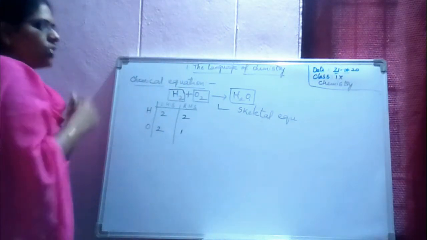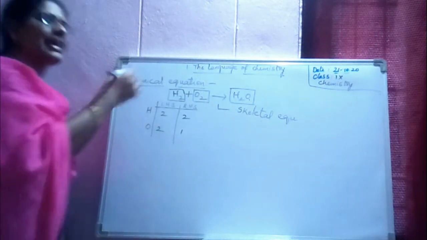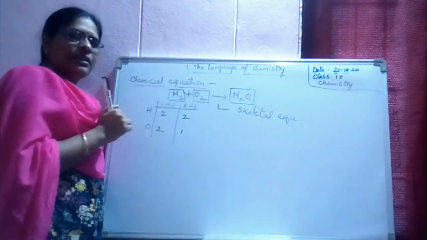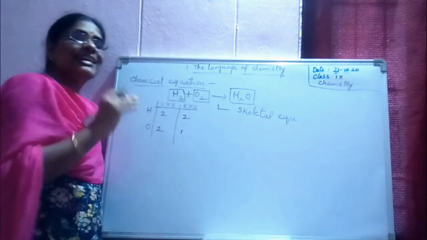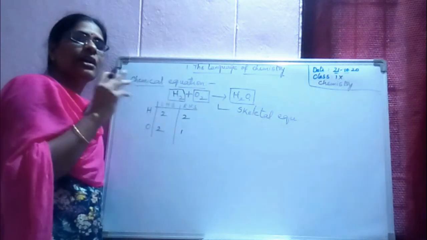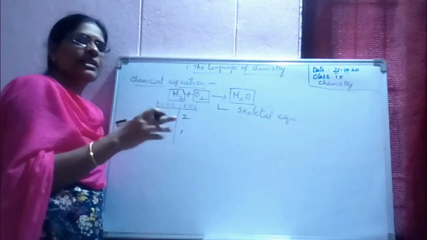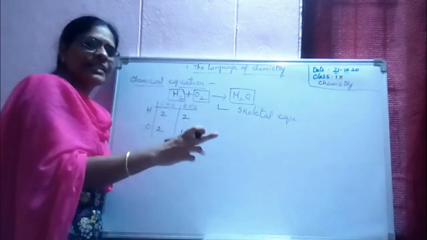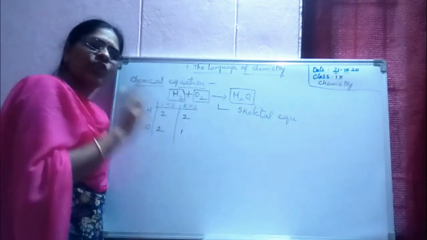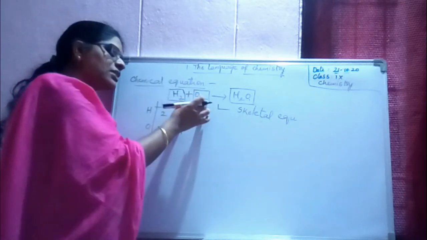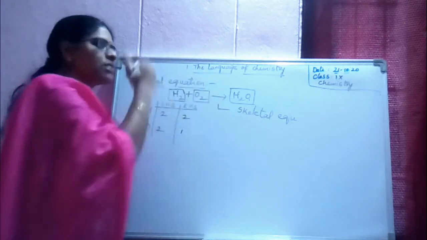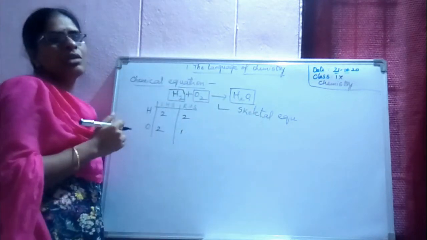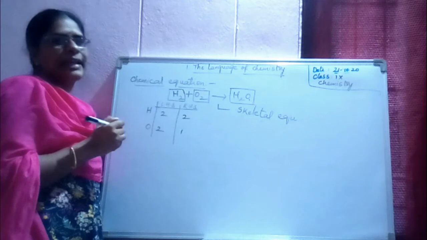Okay? Now, how to balance this? For balancing, we are conserving mass. The law of conservation of mass is followed here. Mass of the elements before the reaction must be equal to after the reaction.